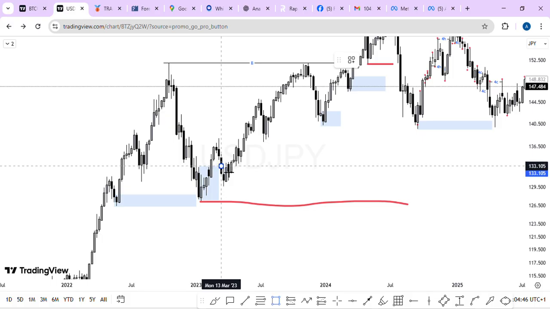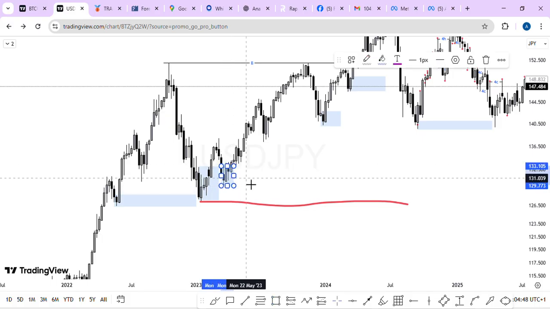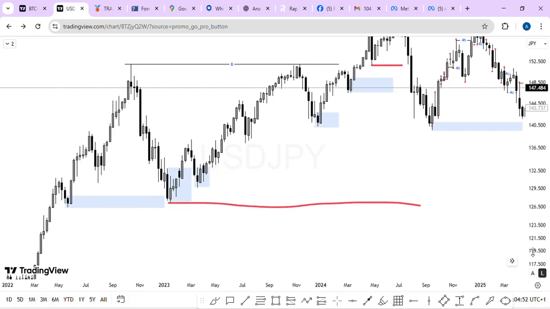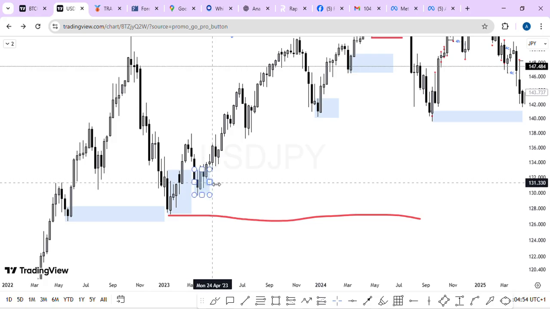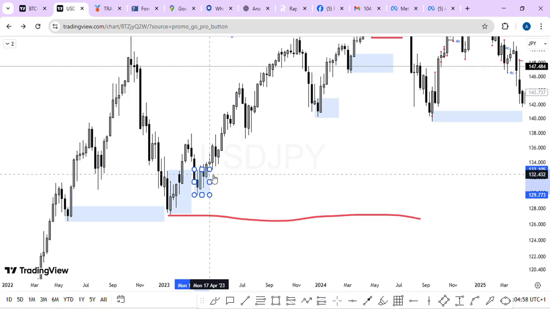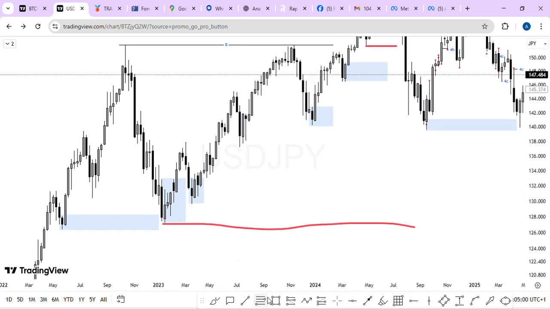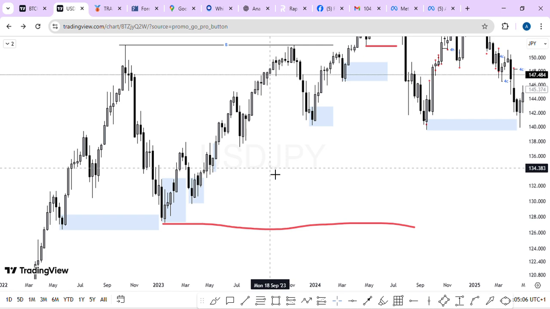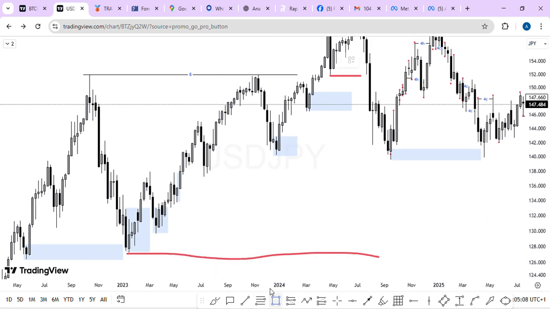And you see this one has been mitigated because no valid inducement or imbalance between it. So this one has been mitigated, no valid imbalance. Imbalance validates your order block. And if you still continue checking, you will see that there's no valid imbalance in all these pullbacks that we have here.